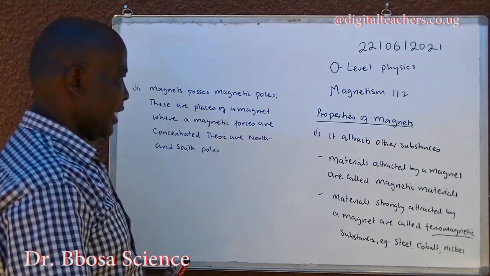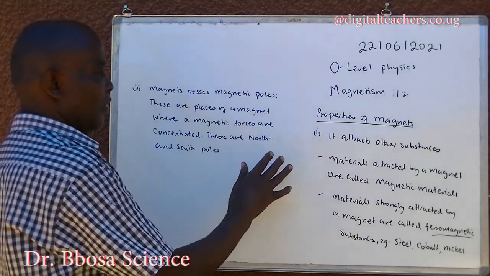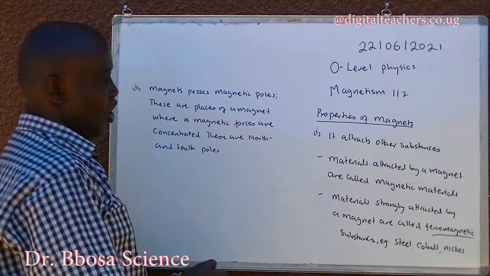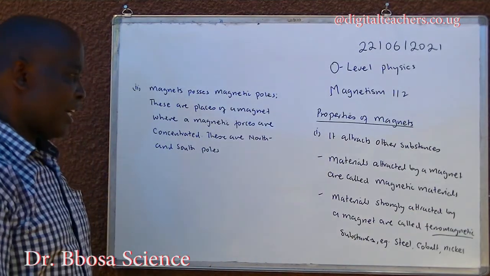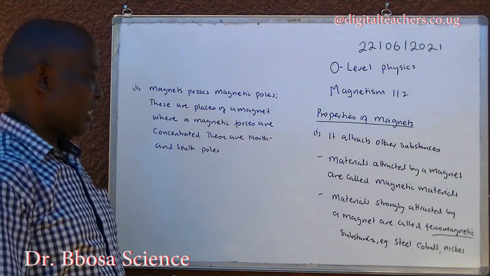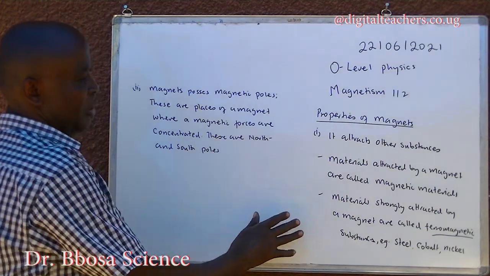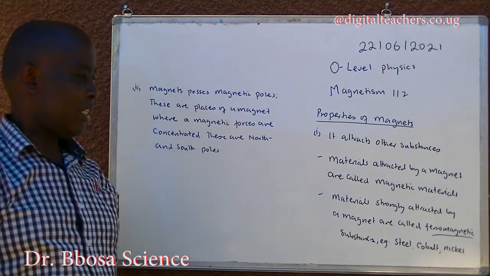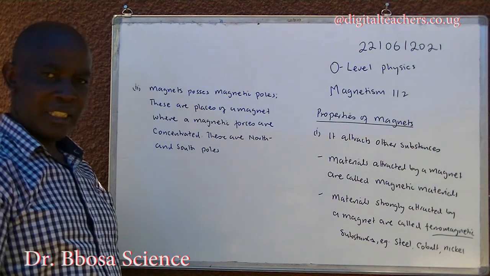Properties of magnets. 1. It attracts other substances. Materials attracted by a magnet are called magnetic materials. Materials strongly attracted by a magnet are called ferromagnetic substances.